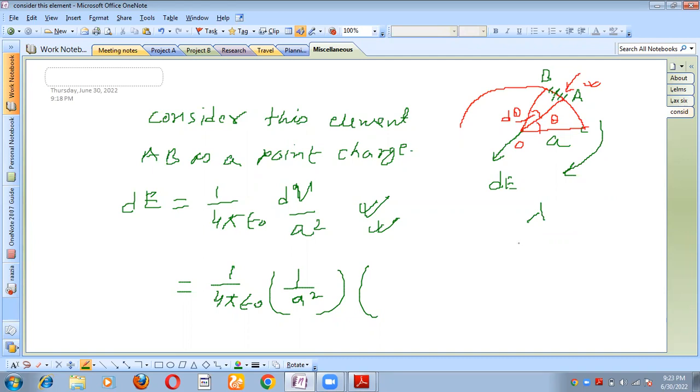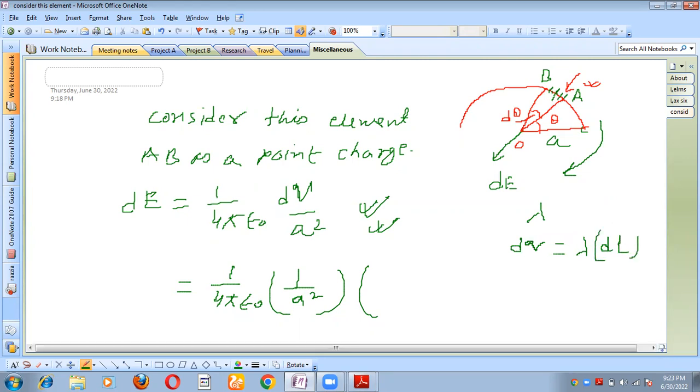So dq should be lambda into dl, length of this portion. Suppose length of this portion AB is dl. Then dq will be lambda dl. Everyone got this? How I have written dq equal to lambda dl?